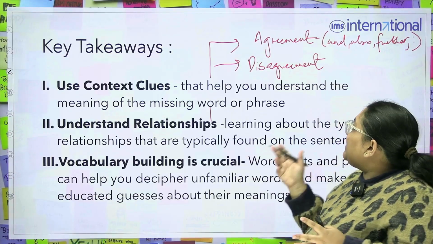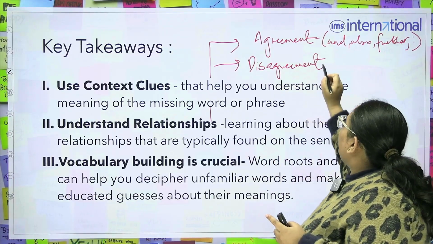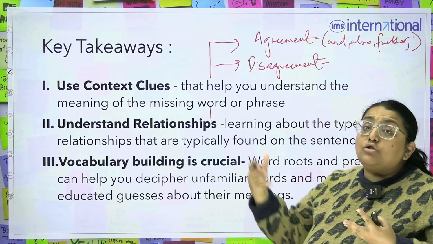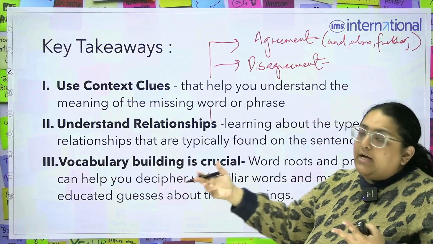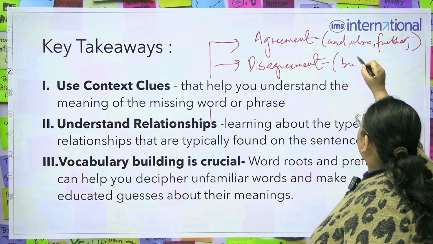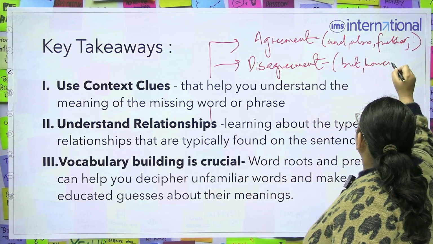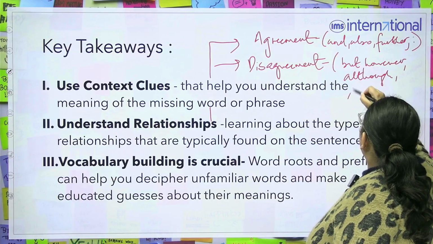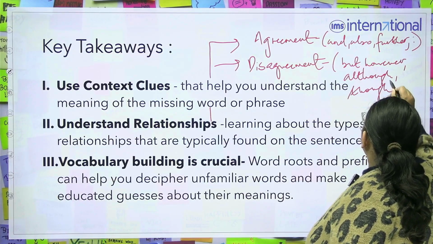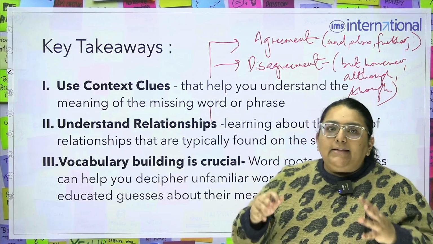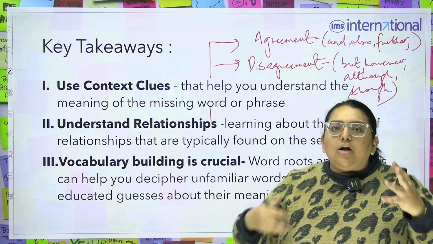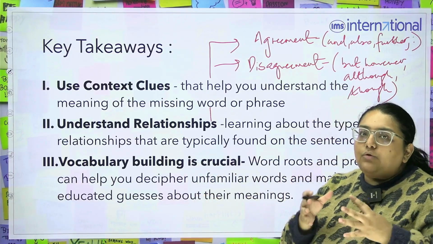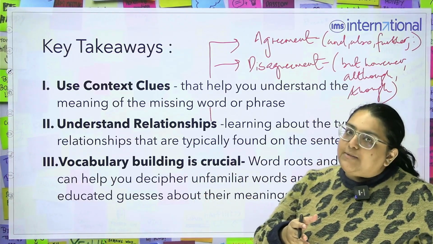Next we come to the second type of relation, that is disagreement. The one that is more common on your GRE, that we also saw in the sentences that we were solving. Words like but, however, although, then, though. All of these words show disagreement, that the two parts of the sentence are opposite to each other, or the idea mentioned in the second part is opposite to what was being discussed in the first part.